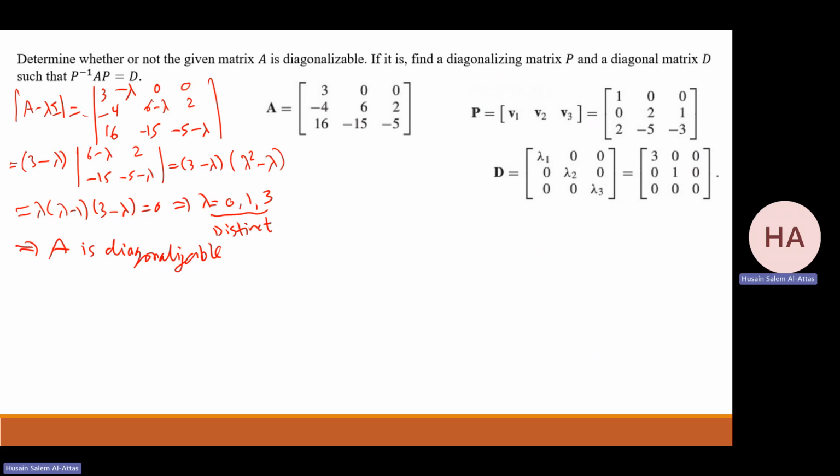What I need to do is find the eigenvectors V1, V2, V3. Let me do the same thing. He started with lambda 1 equal 3, lambda 2 equal 1, just to have the same answer. So for lambda 1 equal 3, I let V1.